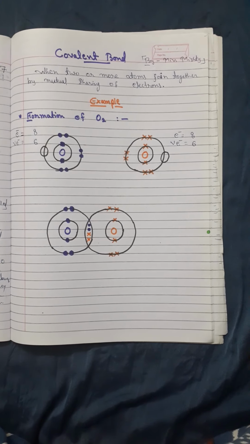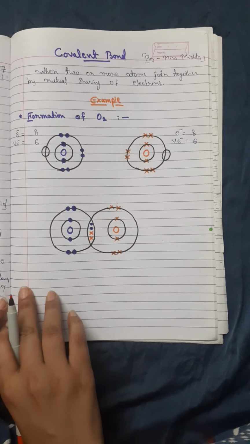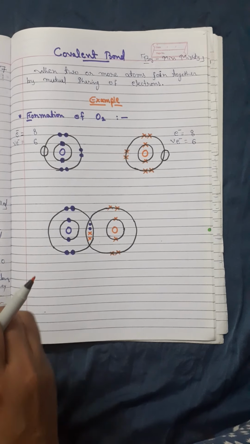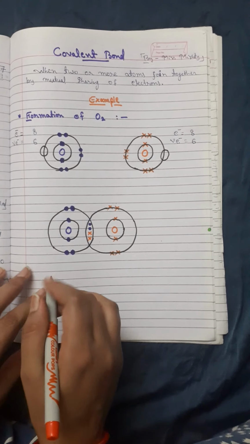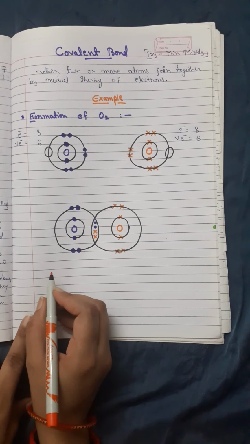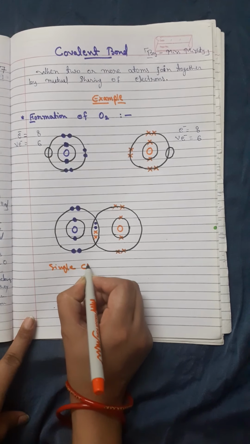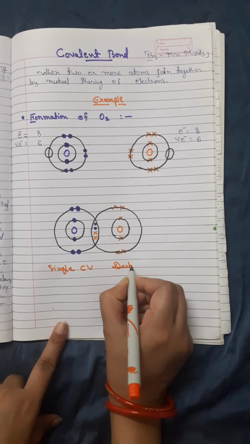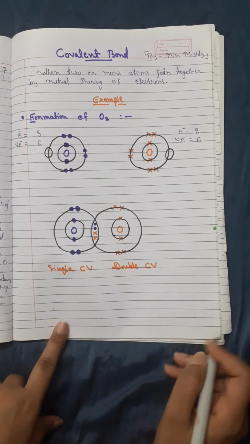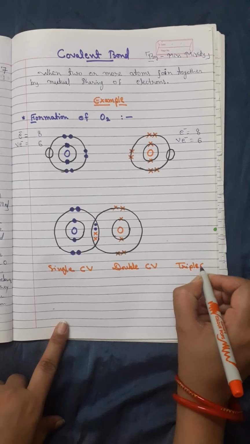And one more thing you have to know: if we talk about the types of covalent bond, there are 3 types. The first one is single covalent bond, the second one is double covalent bond, and the third one is triple covalent bond.